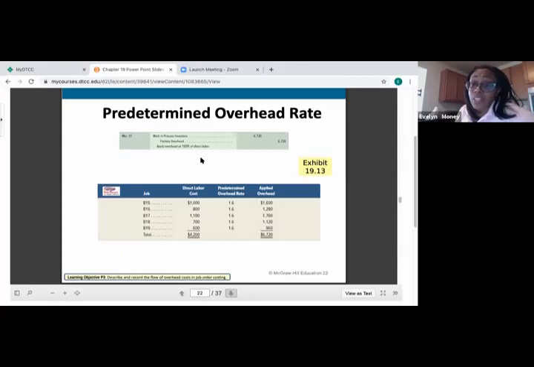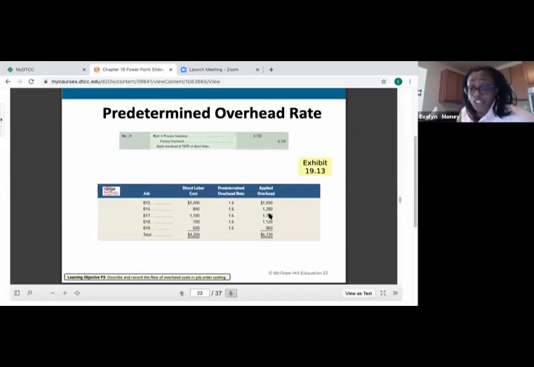So in dealing with overhead, we find our rate, and that rate is based on estimates, and then we multiply that times the actual direct labor cost. So for all of our individual jobs here, each one of them had a direct labor cost. We multiply that times the predetermined overhead rate to give us our estimated overhead or our applied overhead. So when you see the word applied, that just means the estimated overhead that gets charged to our jobs.